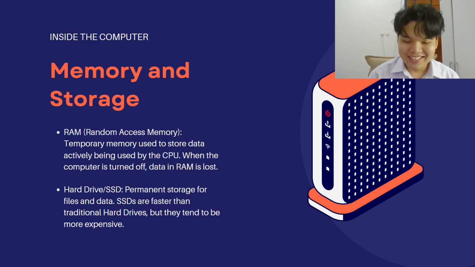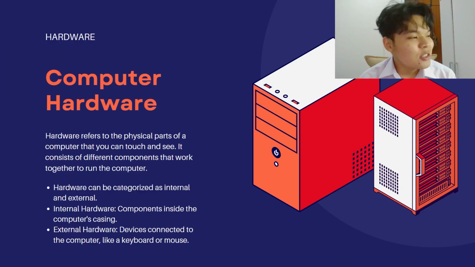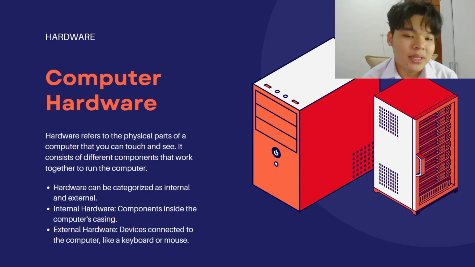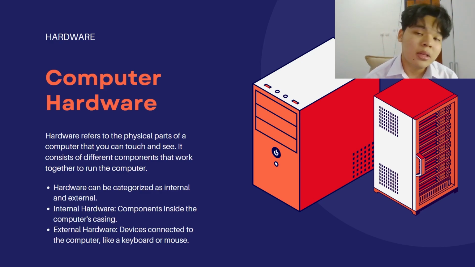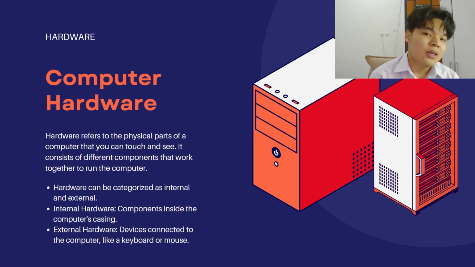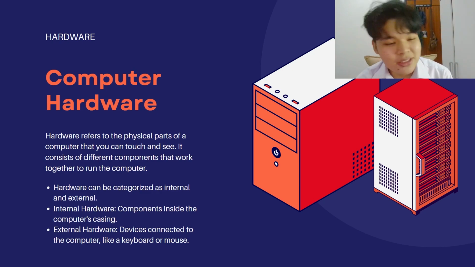Next we move on to hardware. Computer hardware. Hardware refers to the physical parts of a computer that you can touch and see. It consists of different components that work together to run the computer. Hardware can be categorized as internal and external. What is internal and external?